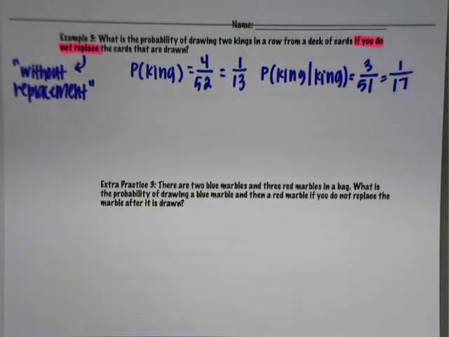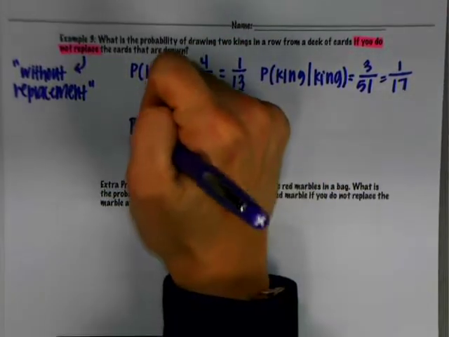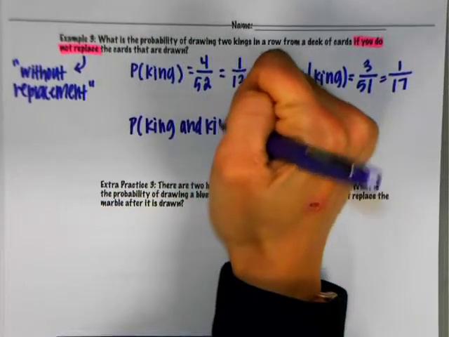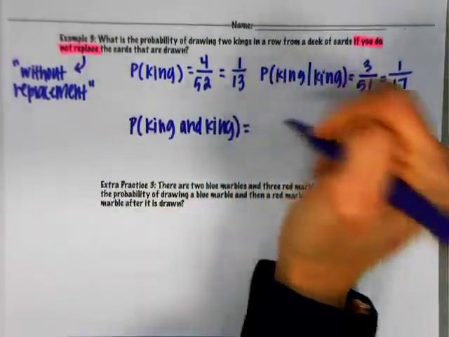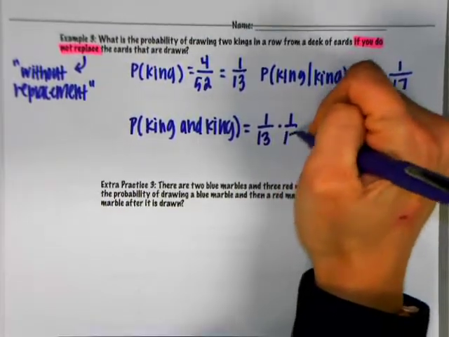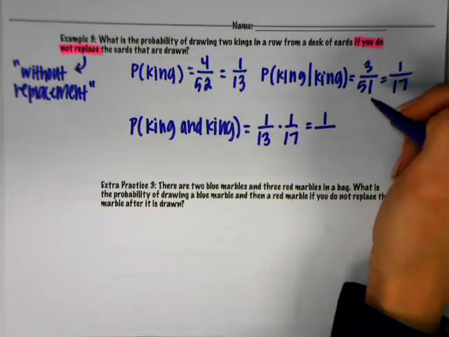Okay, so now to find the probability of those two things happening sequentially, so probability of king and king equals, you're going to multiply those together, 1/13 times 1/17 equals 1/221.